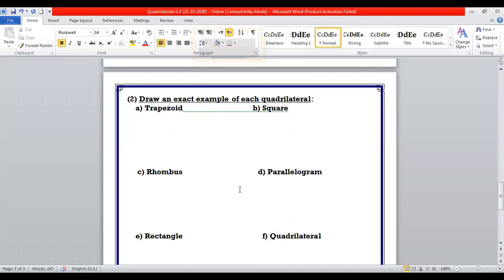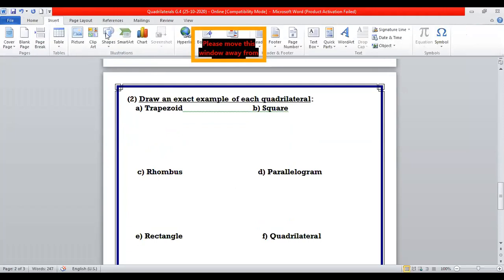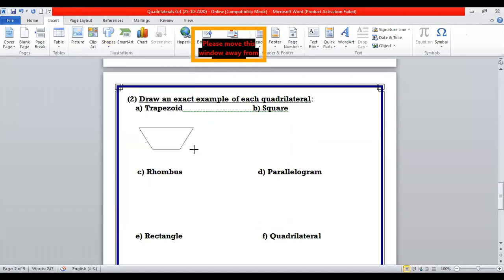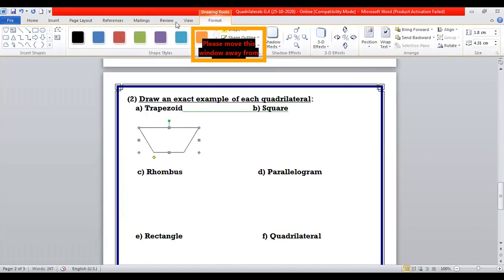We'll draw trapezoid firstly. We want to draw an example for the trapezoid. This is an example for the trapezoid. Yes, this one is a trapezoid.